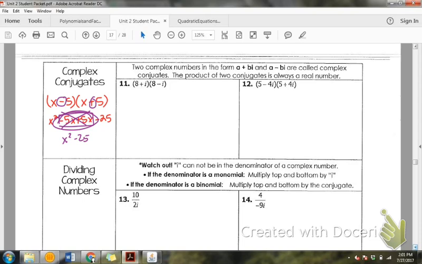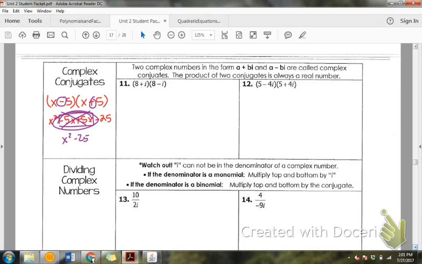If I want to end up with a whole number with no i's in my problem, I need to multiply by the conjugate. So let's go ahead and multiply number 11. And we're going to hope that all of the i's get out of our problem somehow.